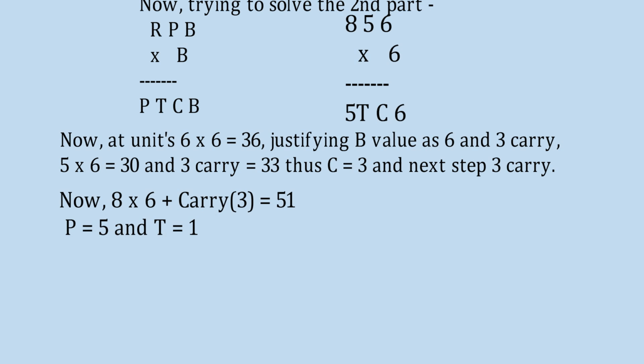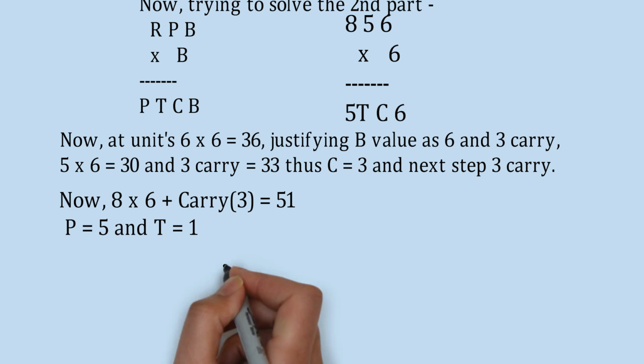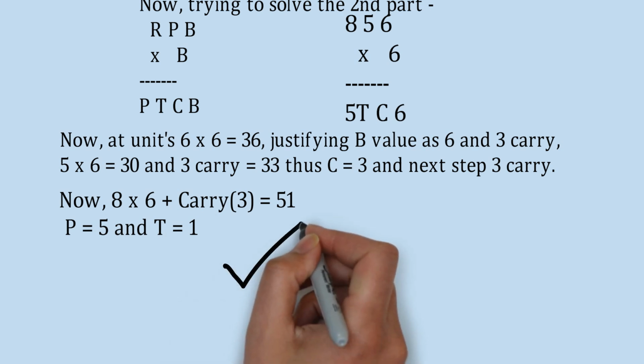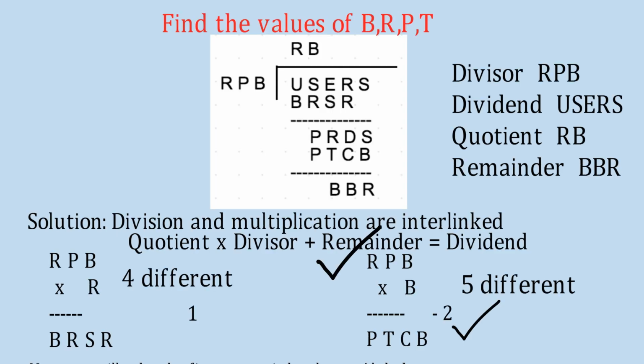So we have got the values of all B, R, P and T. The question is solved. Now suppose there were more unknown variables after this step. The next step would have been using the remainder. In that case, we would have added the remainder to quotient into divisor. The entire multiplication product, that is RPB into RB, has to be added with the remainder to get the dividend.